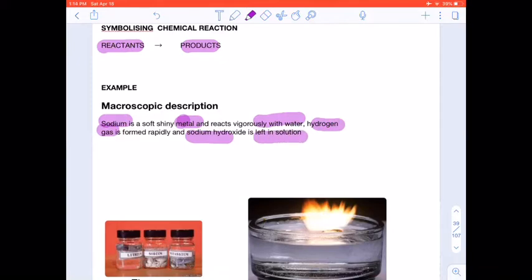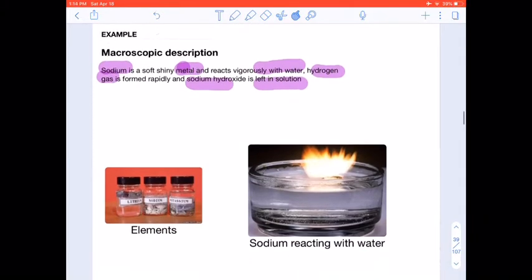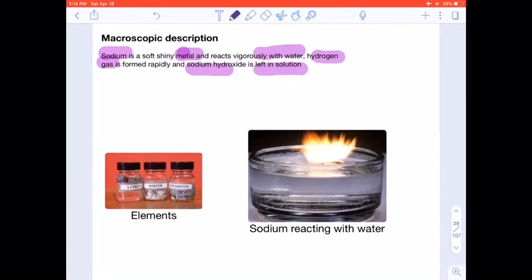So at an observable level, here you've got sodium, here you have sodium, right? Just to show you this, I've got actually 3 alkali metals, but that's our sodium, right? So sodium is thrown into water, and as it's thrown into water, you find that it reacts vigorously with the water.